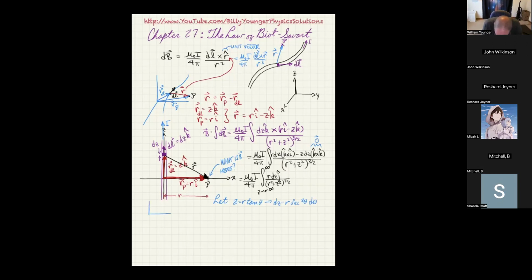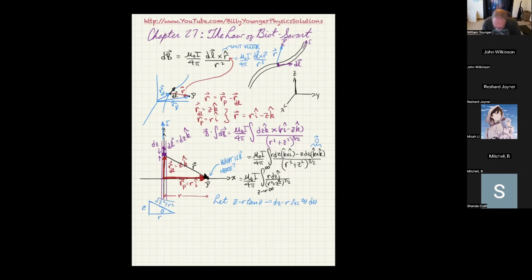If you say this is the angle theta and this is z and this is r, then you can see tangent theta is z over r, and this part over here would be the square root of z squared plus r squared, which is going to come in handy in a few.